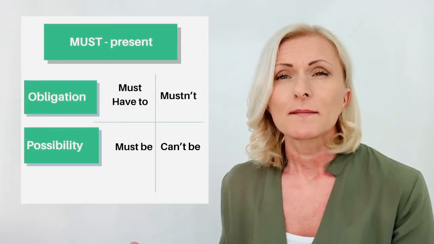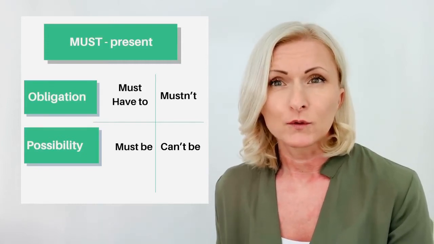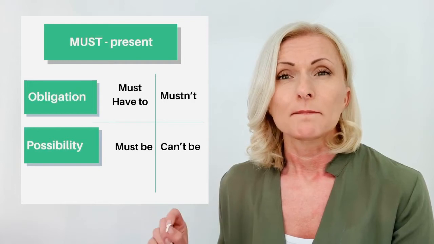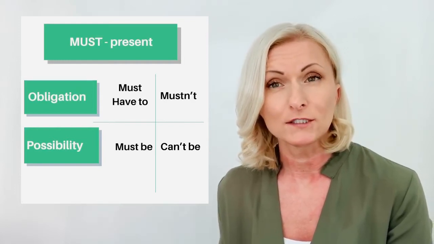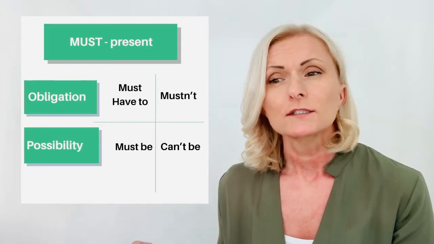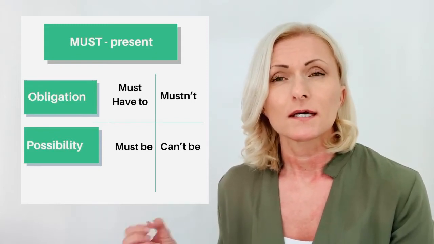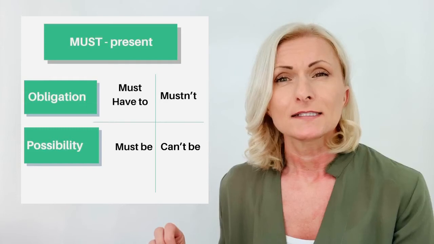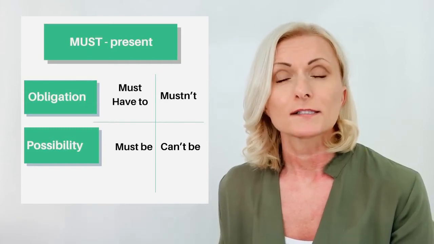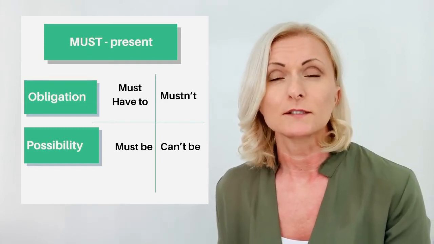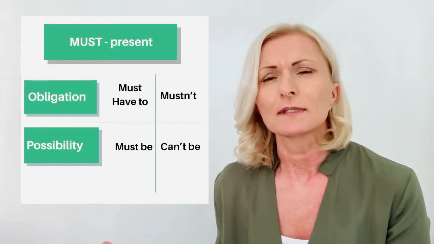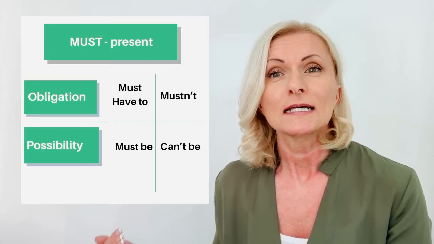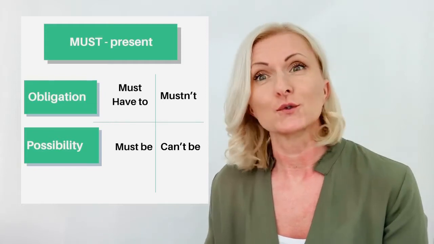And also remember that the negative form of must and have to in the present for obligation, we can only use mustn't. So the negative form of you must do your homework will be you mustn't do your homework. Very strange sentence, but that would suggest it's a rule that no one is allowed to do their homework.